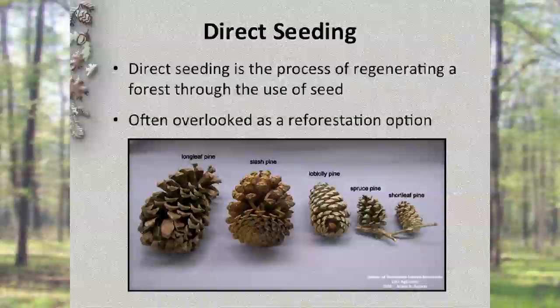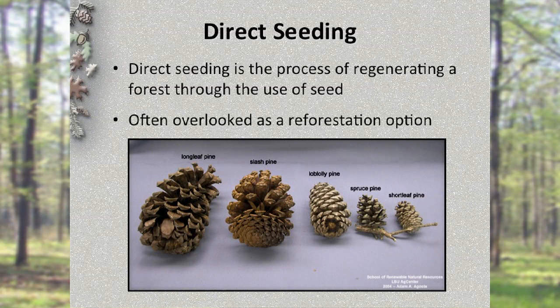But there's also direct seeding that can be done for artificial regeneration, much like we do in hardwoods. Direct seeding is a process for regenerating the forest through the use of seed, and for pine it has been really overlooked as a reforestation option.